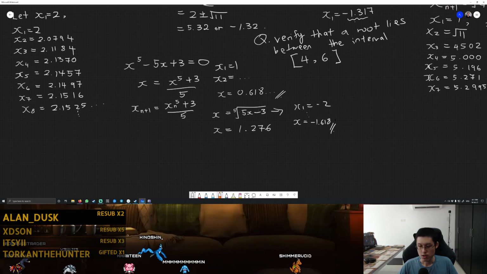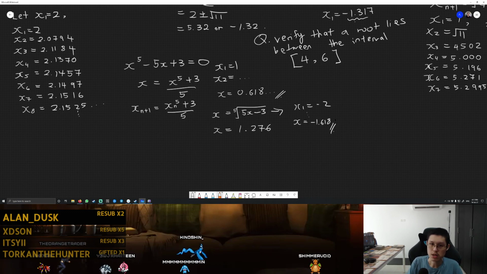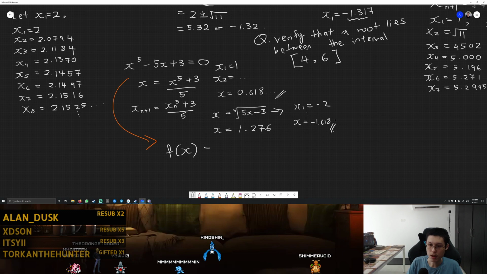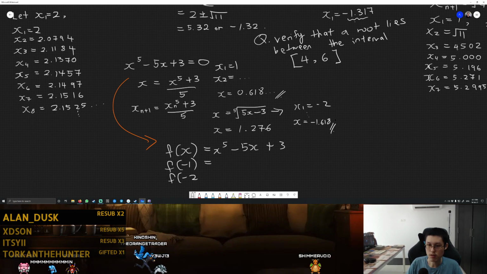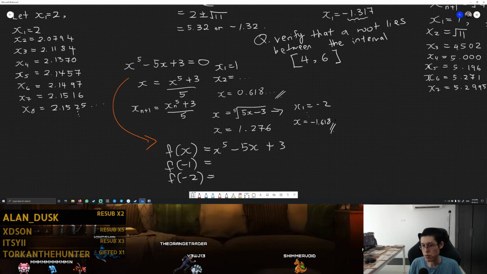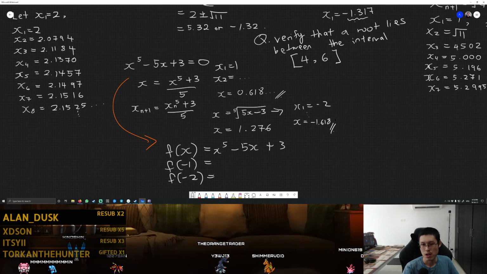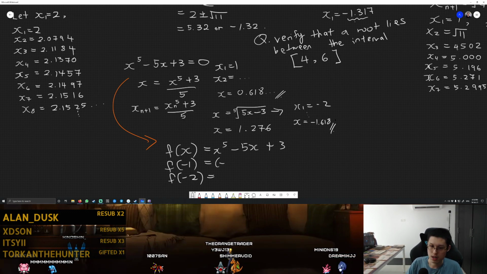Okay? So what you do is you make sure it is equal to 0, and then you put f(x) in there, and then you put in negative 1 and negative 2. And if the root is between negative 1 and negative 2, you would expect a sign change.